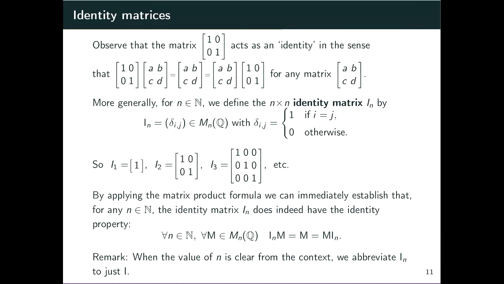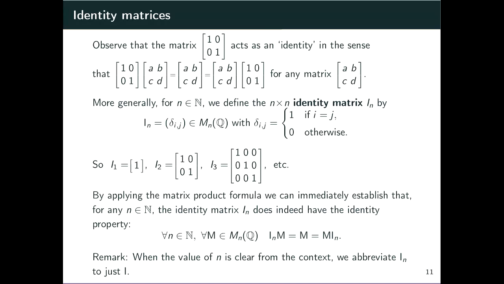And so, yeah, by applying our formula, we can immediately establish that for any n in the natural numbers, the identity matrix exists, and it does have this property that when you multiply it with another matrix, no matter what that matrix is, as long as it's the right shape, and you can multiply it from either side, then it's going to give you back that matrix M again.